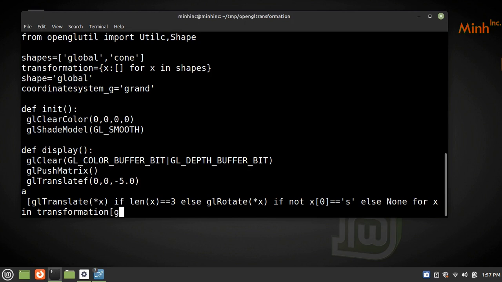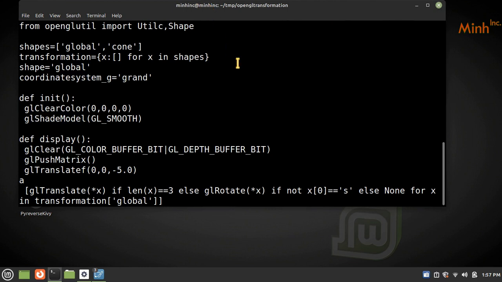Okay, so this is the code we are writing: glTranslate x if len of x is 3, or glRotate x if not x equal to s, else none, x in transformation global.